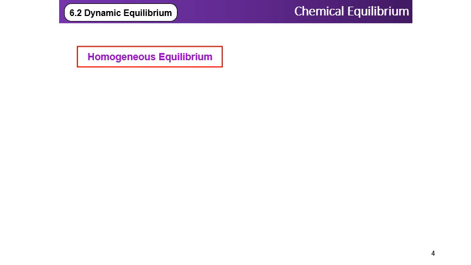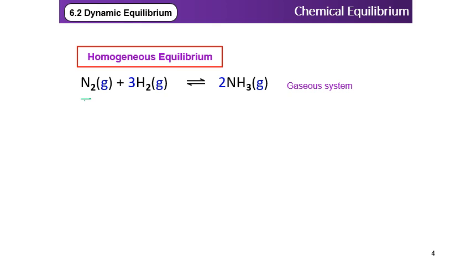Okay, now let's look at the details for the homogeneous equilibrium. This is an example of the homogeneous equilibrium where you can notice that nitrogen, hydrogen, and also ammonia are all in the gaseous phase. All are the same phase, so they are considered as homogeneous equilibrium.